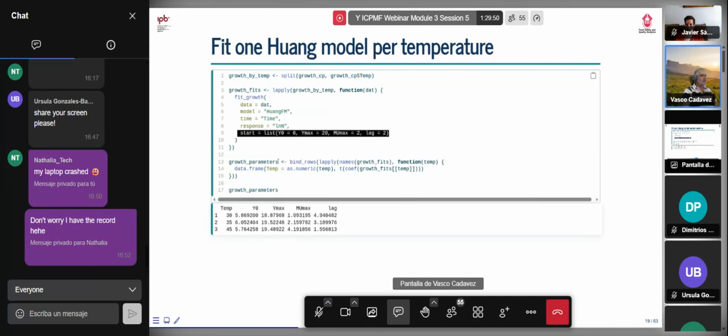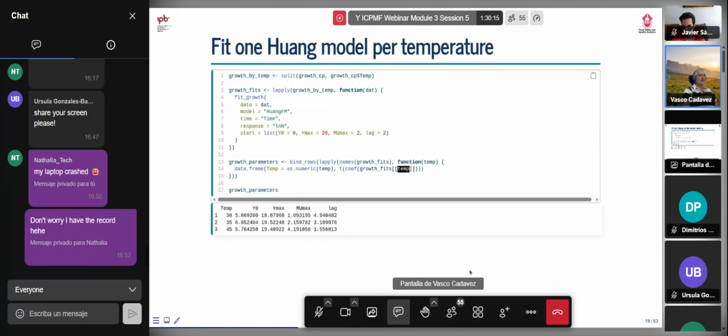So we run this code now, and I extract the grow parameters from the fit, and you can see we have the parameters for each curve here in this small data frame. I get the names and I put the parameters by temperature on a data frame.